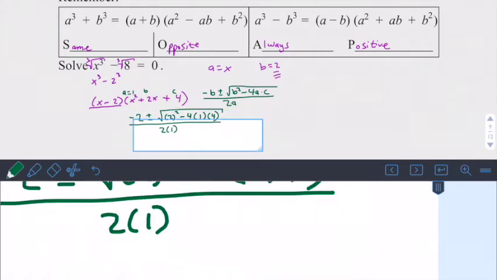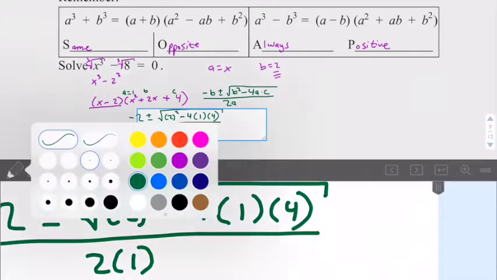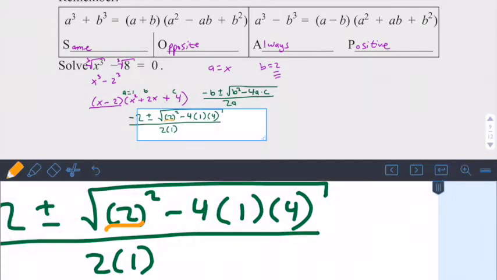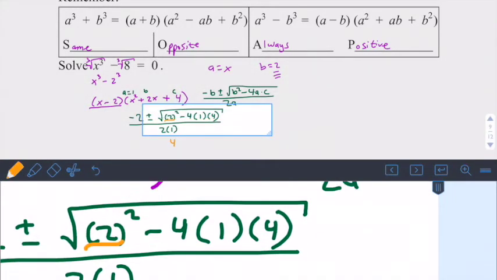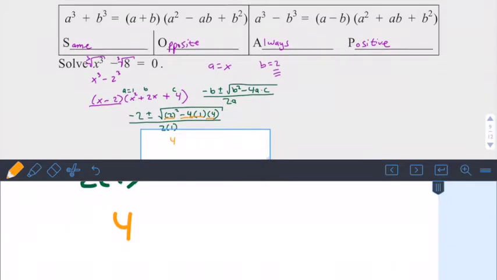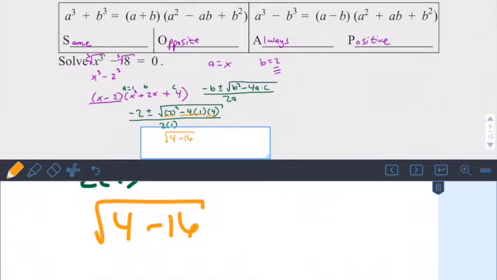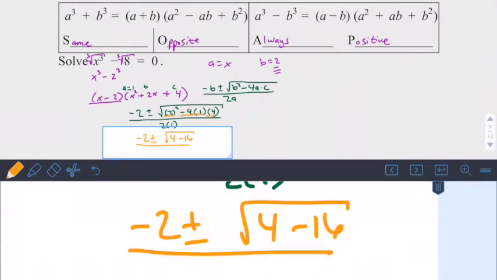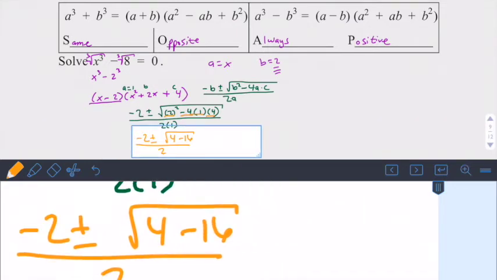Well, let me clean up my discriminant, aka my inside. So 2 squared is 4. And negative 4 times 1 is negative 4, times 4 is negative 16, so minus 16 over 2. 4 minus 16 is negative 12.